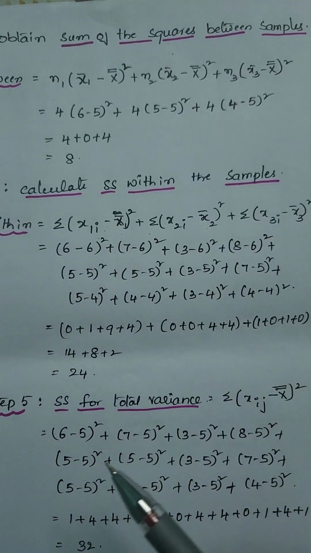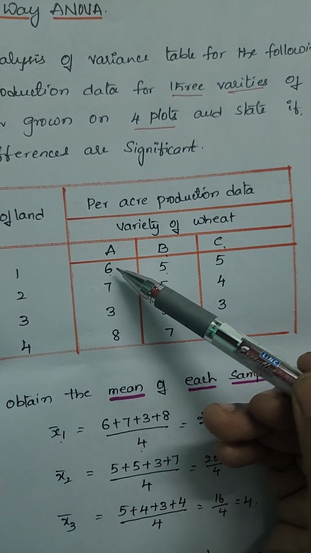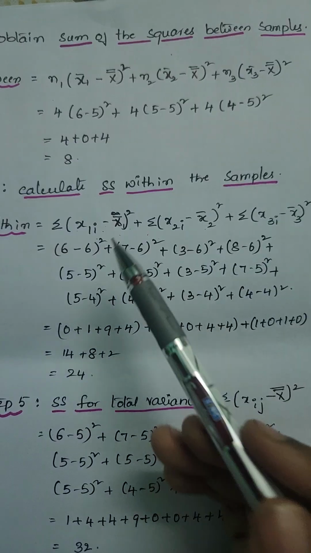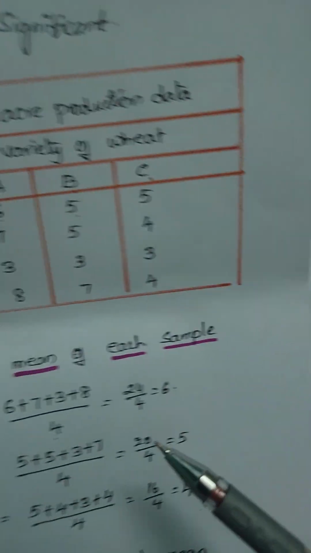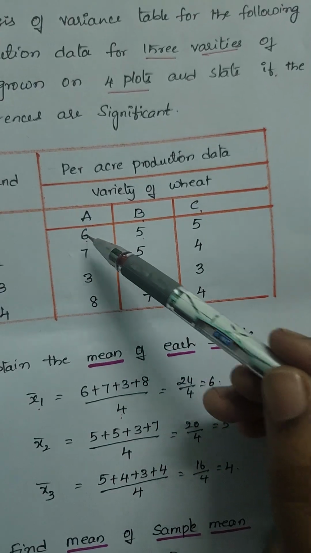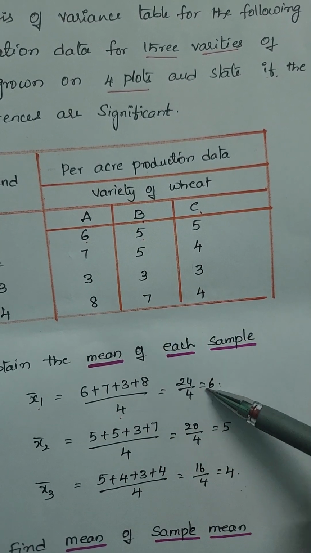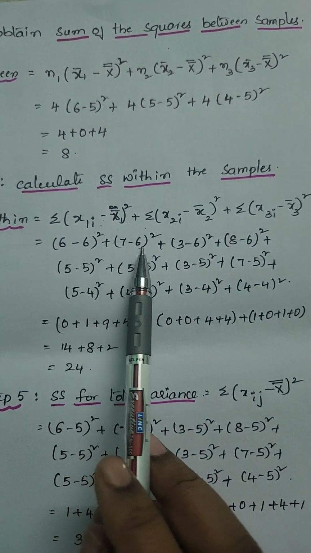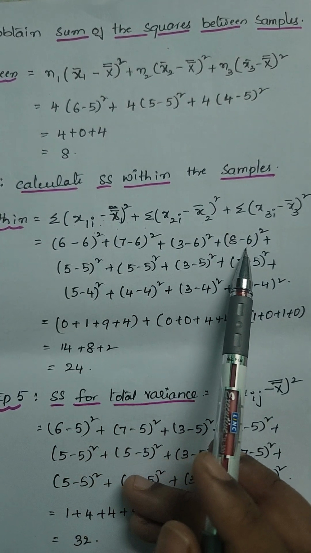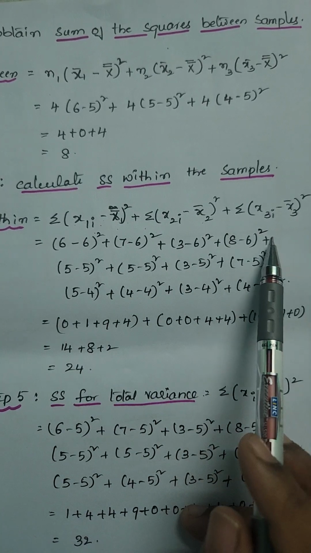In a simpler way, just take all the first sample values minus x1 bar. So x1 bar is 6: 6 minus 6, 7 minus 6, 3 minus 6, 8 minus 6, with whole squares.